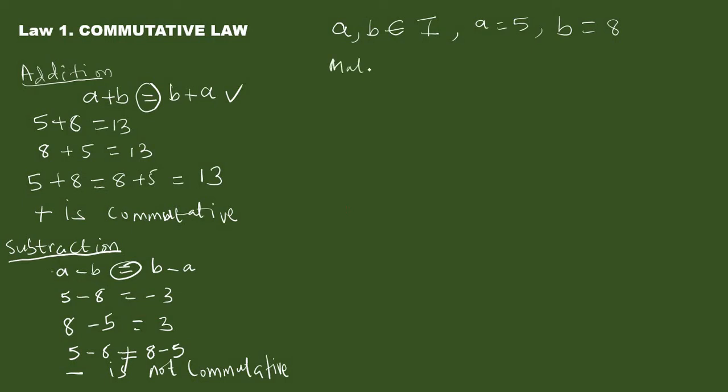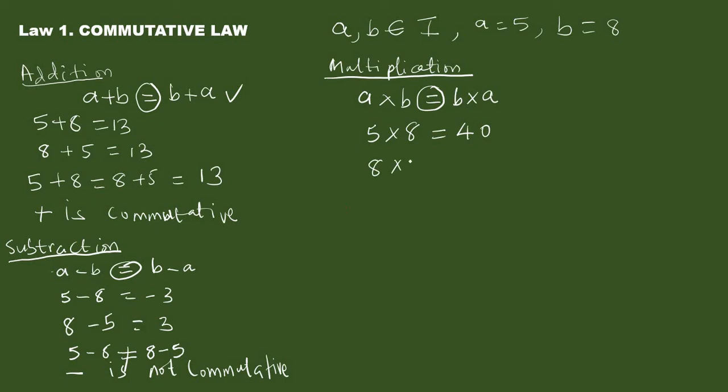Let's check multiplication. Is multiplication commutative? In multiplication, it will be A times B is equal to B times A. Still using our values, we have 5 times 8, giving us 40, and then 8 times 5 will also give us 40.